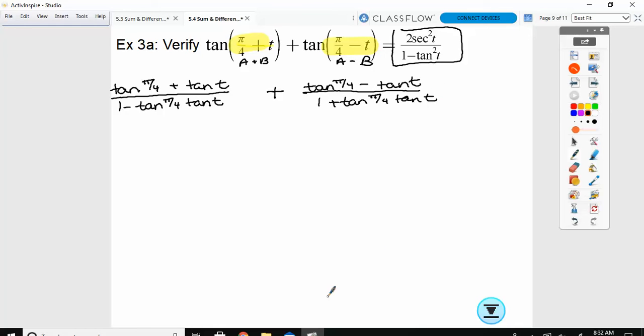What is the tangent of 45 degrees? 1. Radical 2 over radical 2, which is 1. So every one of these tangent of pi over 4s, I can change to a 1. So that'd be 1 times tangent of t on the bottom.